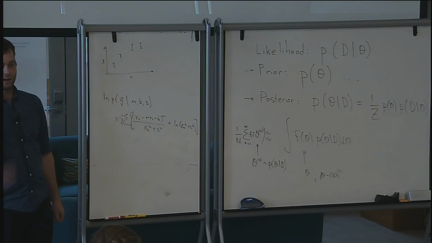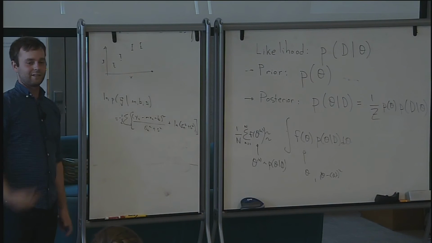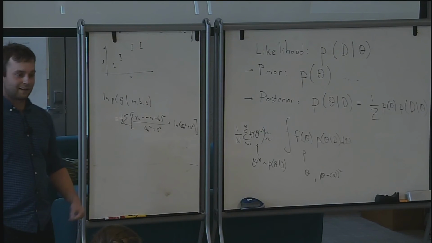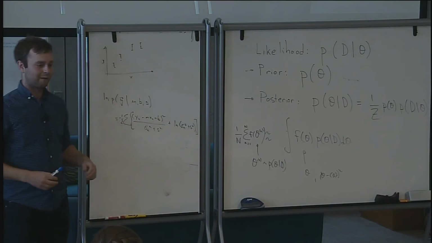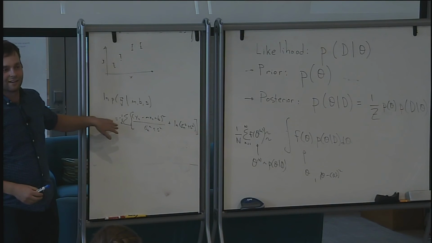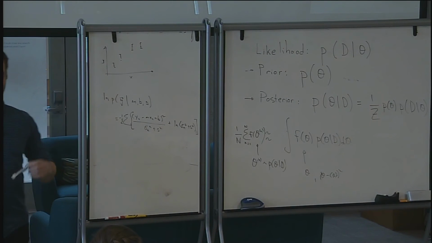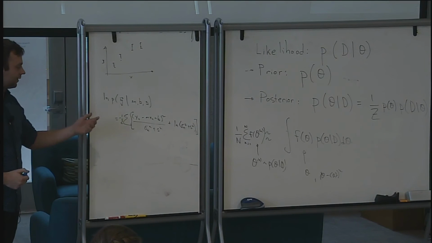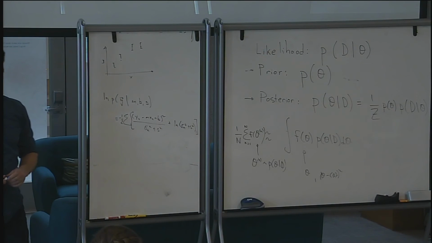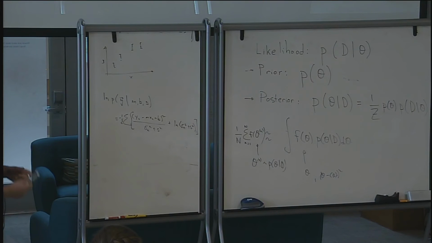You open up numpy.random and generate samples, and then you're done. And you can do all of these integrals. But in most real-world problems, including this one right here, we can't do that. There's no analytic way of generating random draws from the posterior probability distribution. So that's where Markov chain Monte Carlo comes in.